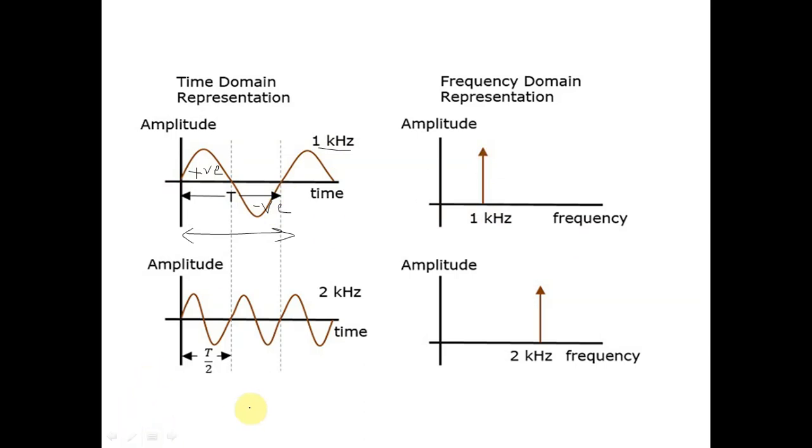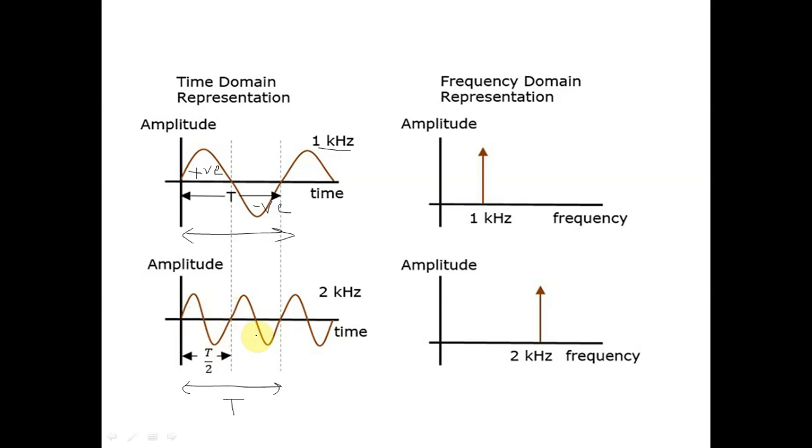Look here, in this cycle, this much is the time period T. Same as it is, this one is the time period T, this one is also time period T. In this time period T, how many cycles are completed? This one is positive, negative, positive, negative. So total cycles are 1, 2, 3, 4.